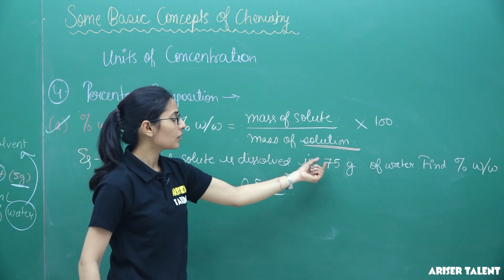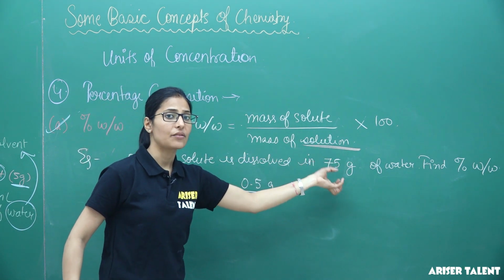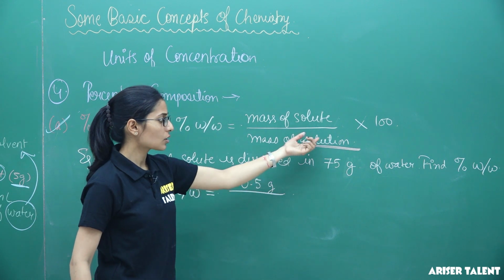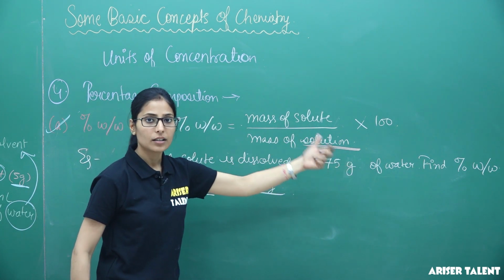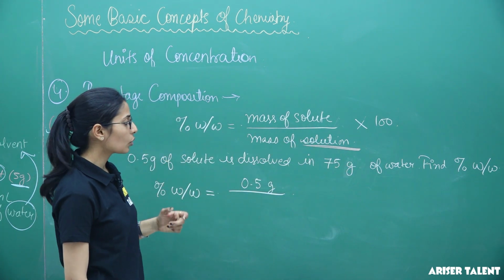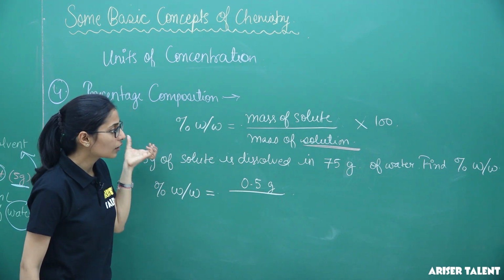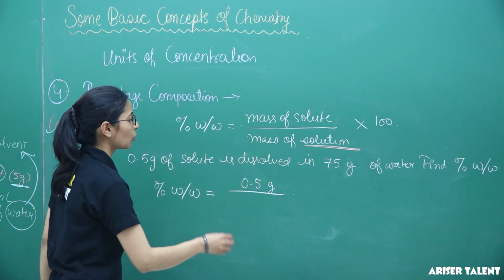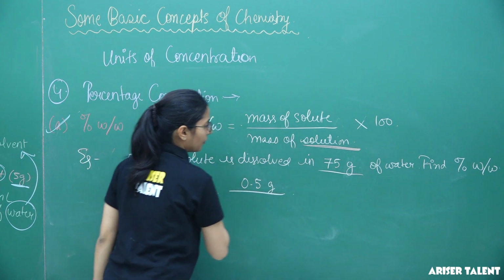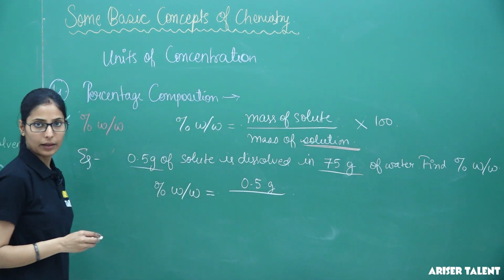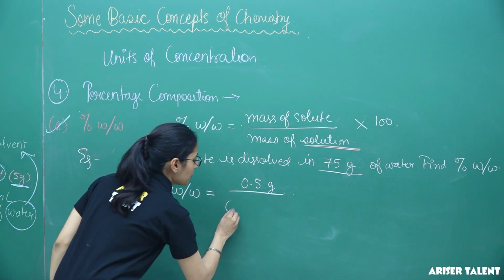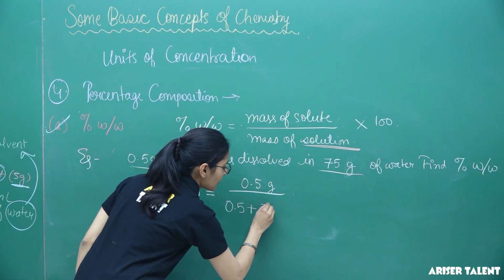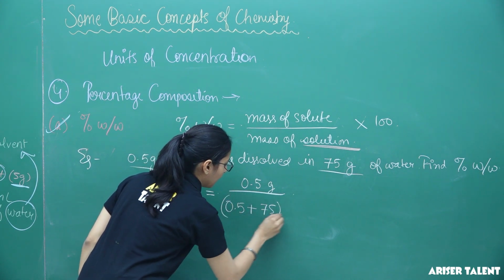It means that you do not have to directly write 75 grams over here. Water is a solvent, the same thing that I have told you. So, you have to write the total mass of the solution, which contains 75 gram as well as 0.5 gram. So, this will become 0.5 plus 75 gram.